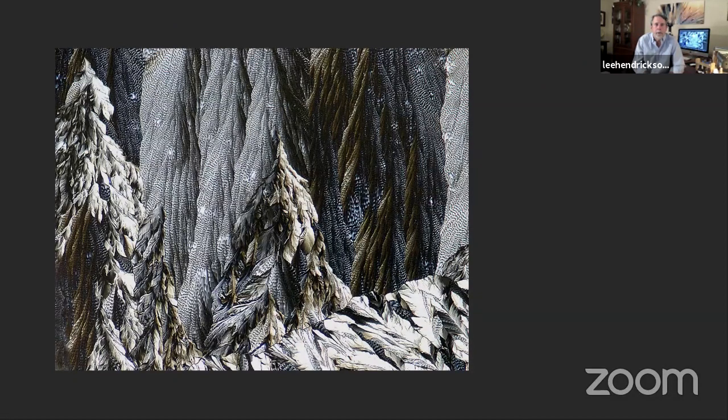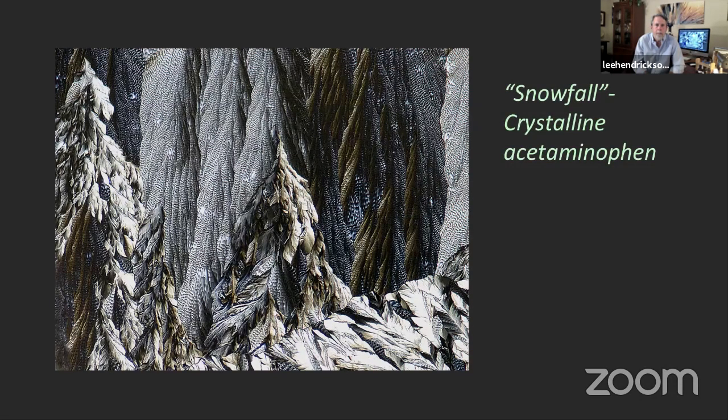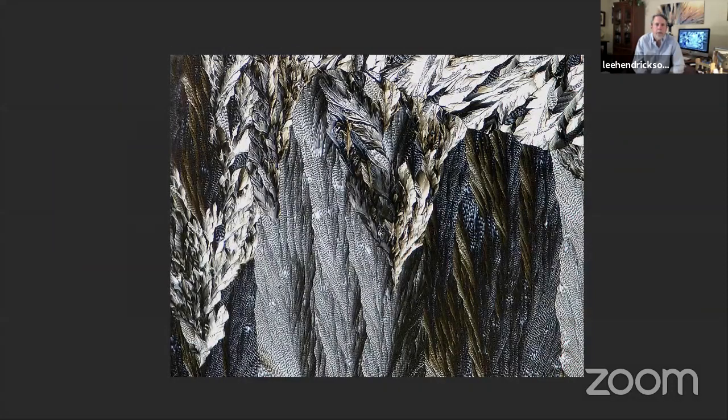Another acetaminophen crystal photograph called Snowfall is a great example of what happens when you happen to have the slide in upside down, which I did at the time when I was looking through this crystal array. It doesn't look anything like it does right side up.